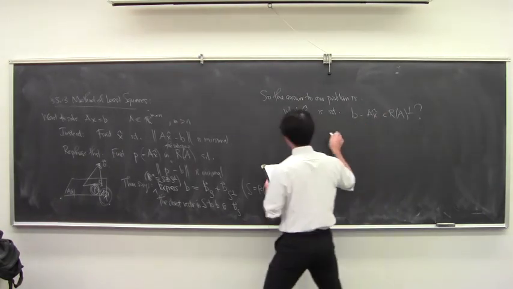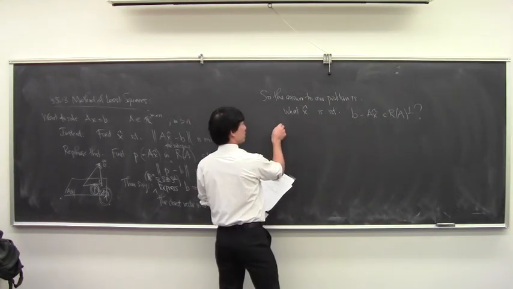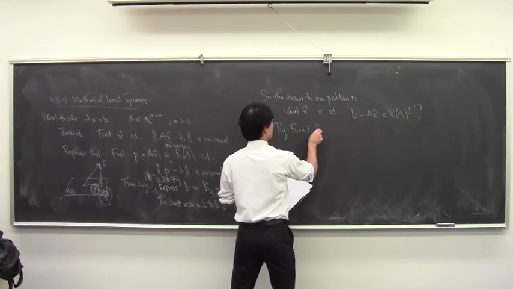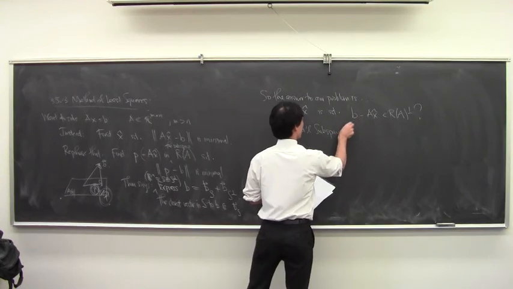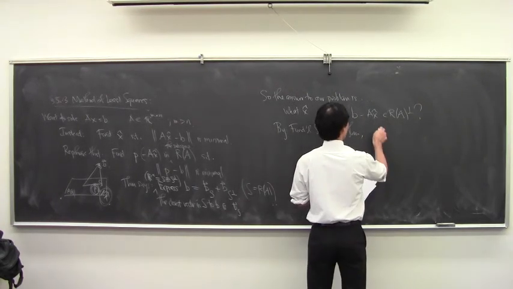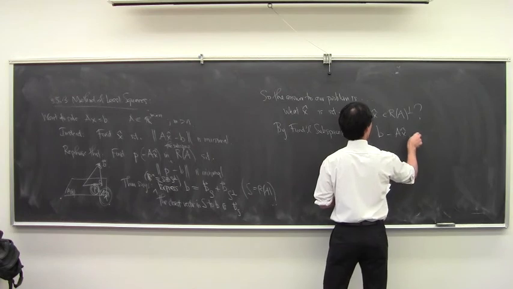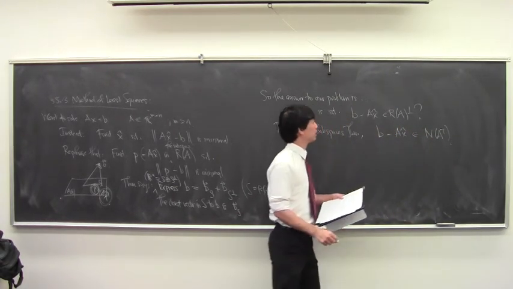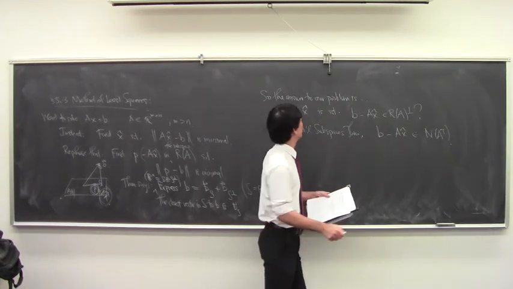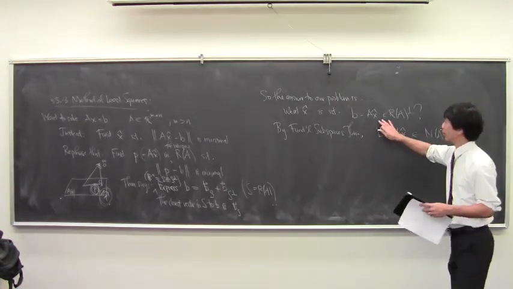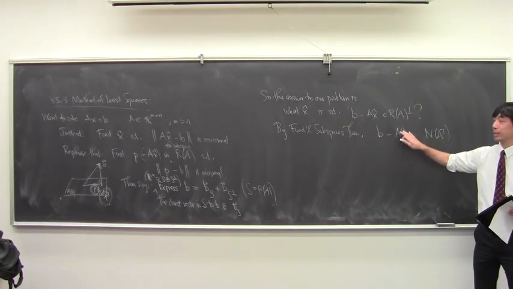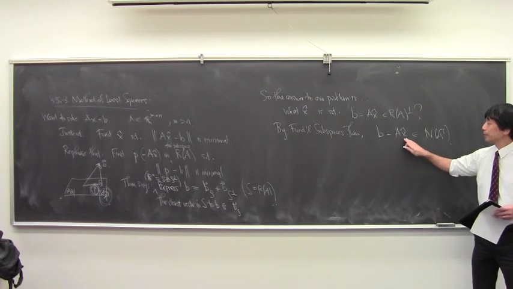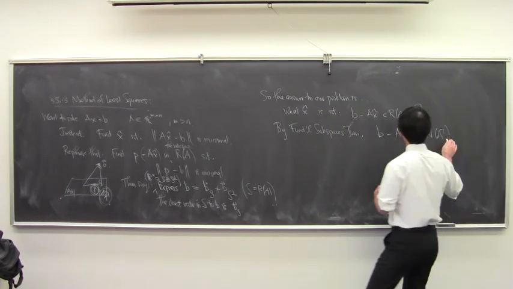At this point, we invoke the fundamental subspaces theorem. By the fundamental subspaces theorem, b minus Ax must lie in the null space of A transpose. We can translate that problem into this problem: what x is such that this lies in the null space of A transpose?